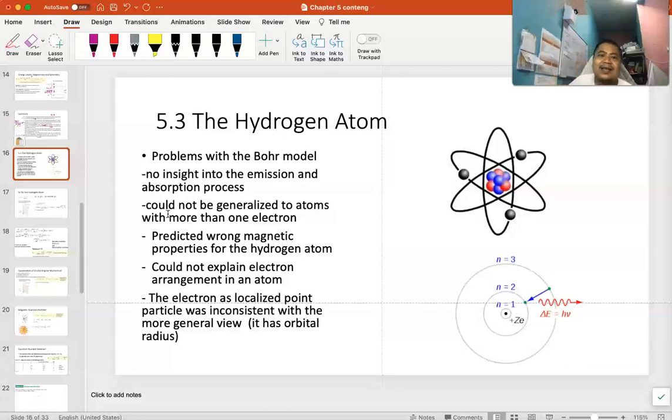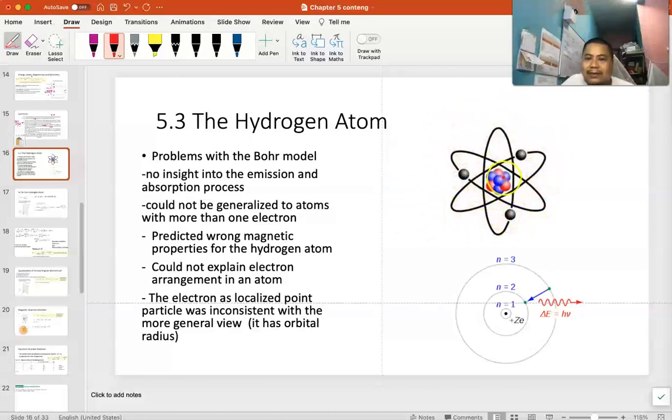All right. Okay. Now we go to the hydrogen atom, right? So why do we need to actually consider the Schrodinger equation? Because there is a problem with the Bohr model that we learned in chapter 3, I think, right? At that time we were not using the Schrodinger equation. So this is the Bohr model.